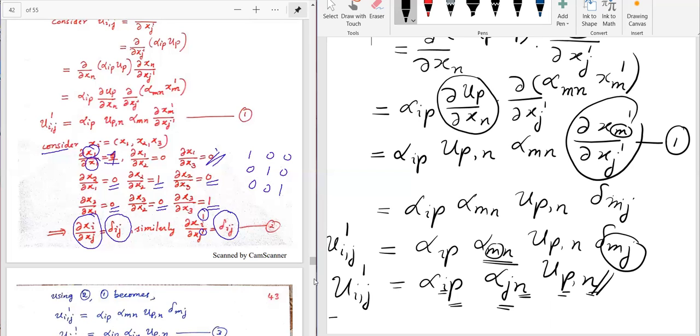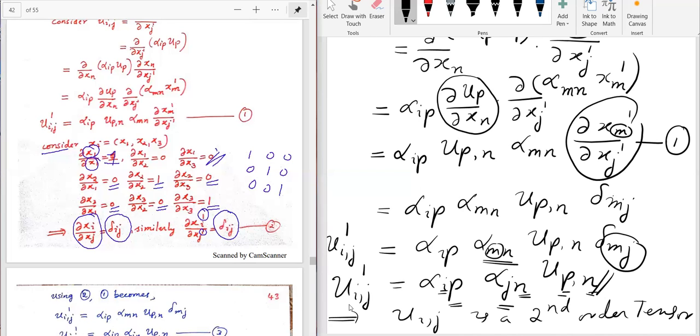Therefore this Ui comma j is a second order tensor. So the gradient of a vector is a second order tensor. Okay, now we shall go to the next part.